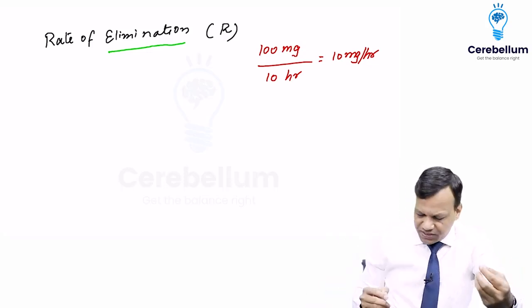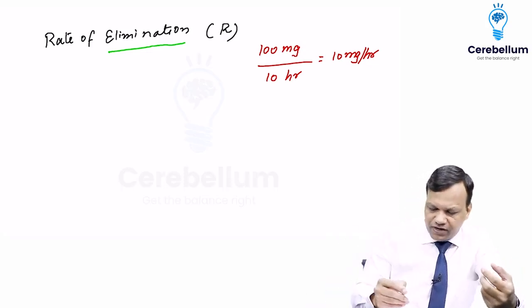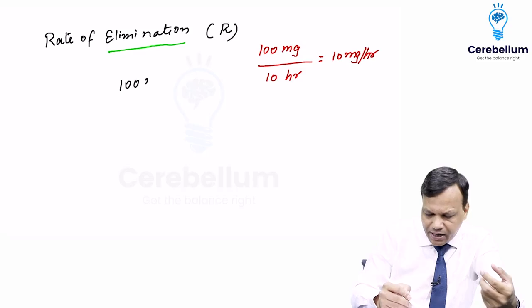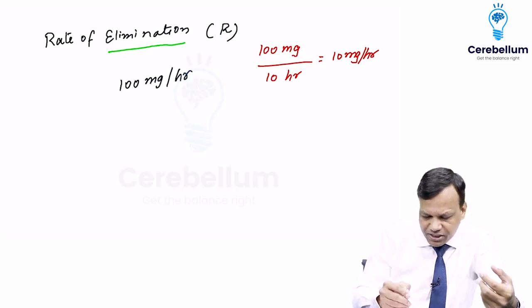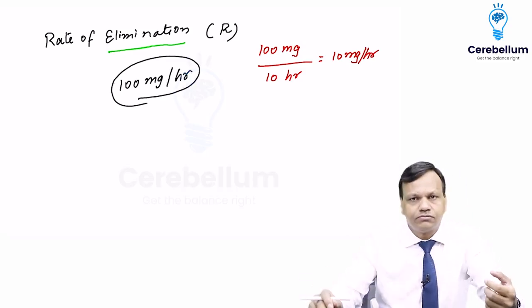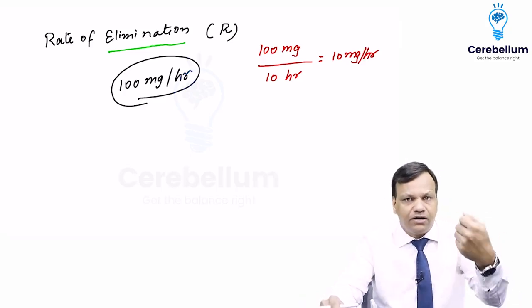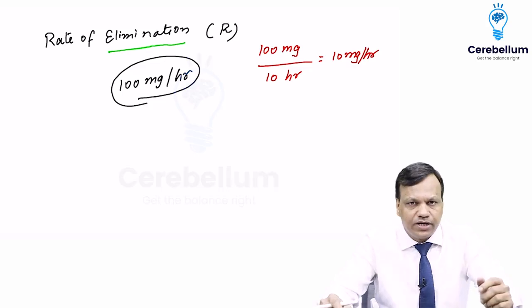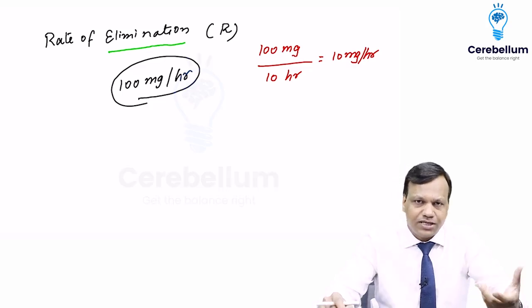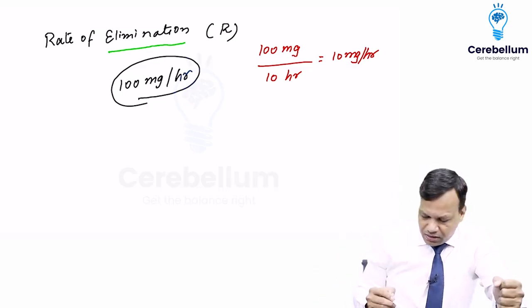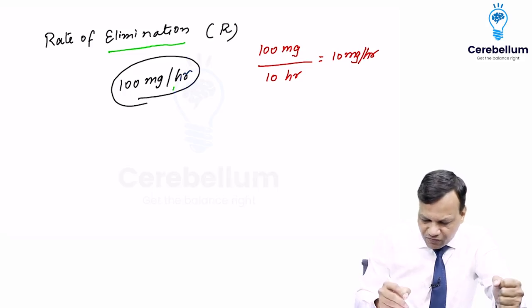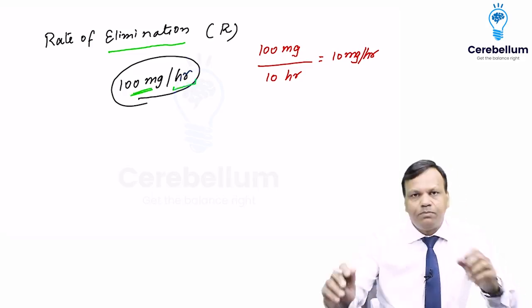Now suppose we say rate of elimination of a drug is 100 milligram per hour. What information does it convey? Whether the drug is short acting or long acting, whether action will run for a long period or finish quickly, we cannot say, because we only get the information that in 1 hour 100 milligram will be eliminated.